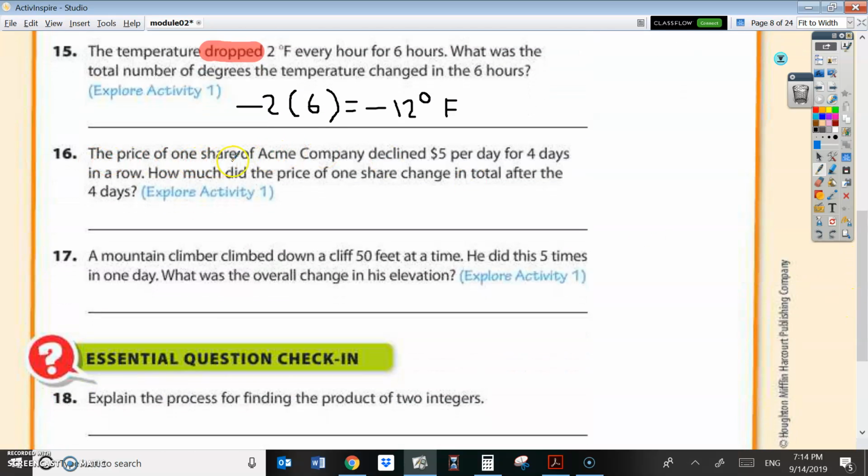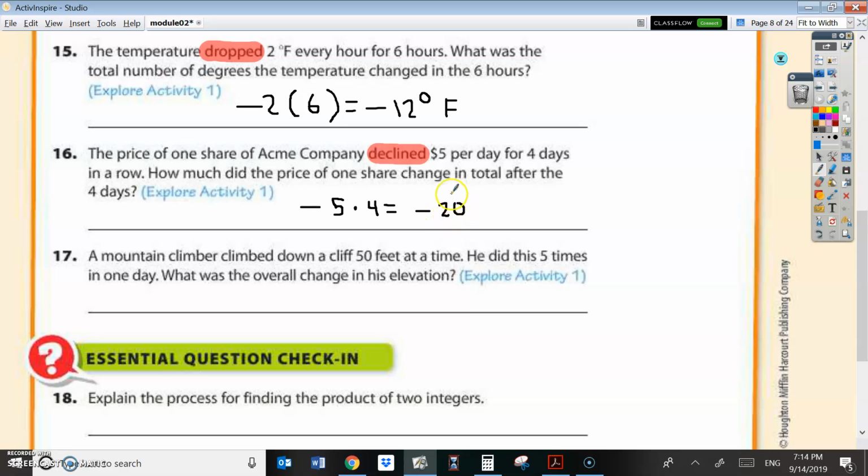The price of 1 share of Acme declined. Decline is negative. Oh man, lots of negative today. Declined $5 per day for 4 days in a row. How much did the price of 1 share change in total after the 4 days? So negative 5 times 4 equals negative 20.